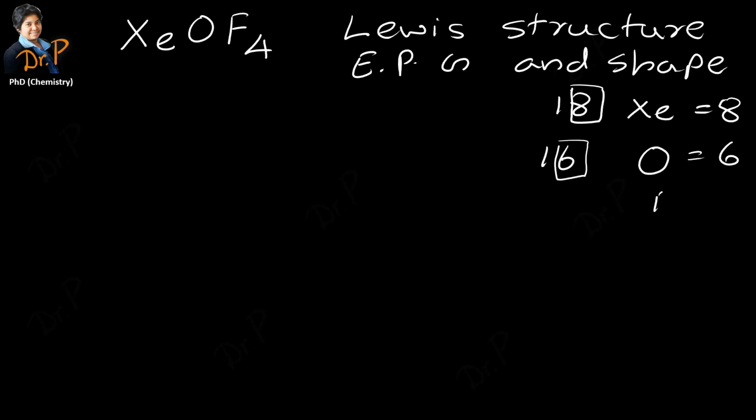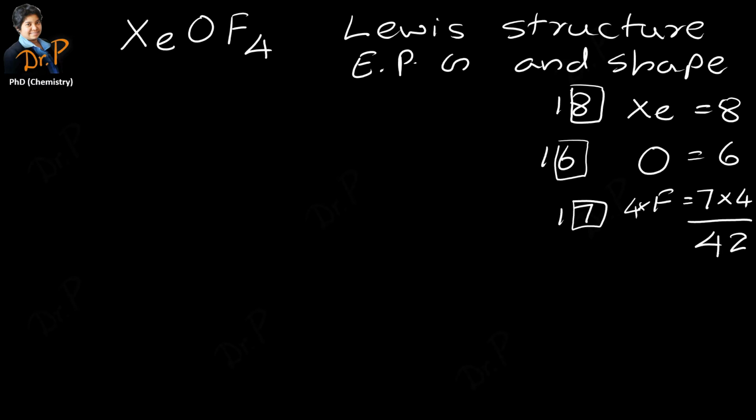And fluorine is in group 17. It has 7 valence electrons, but you have 4 fluorine atoms. Now take the total number of valence electrons. That's 42 valence electrons in total.